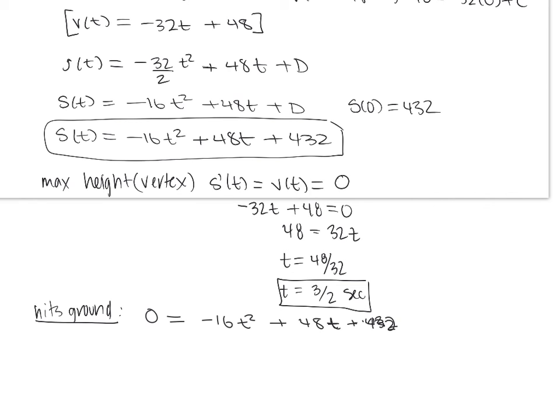I divided everything by negative 16, and I got 0 is t squared minus 3t minus 27, and I hoped that it factored, and it didn't. So I used the quadratic formula, and I got t is about equal to 6.9 seconds.